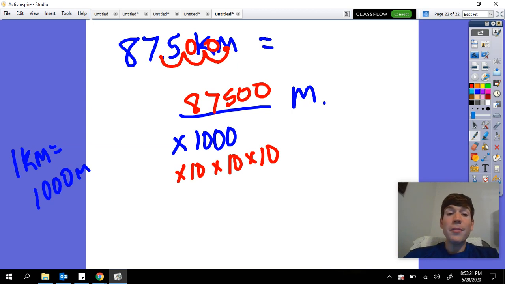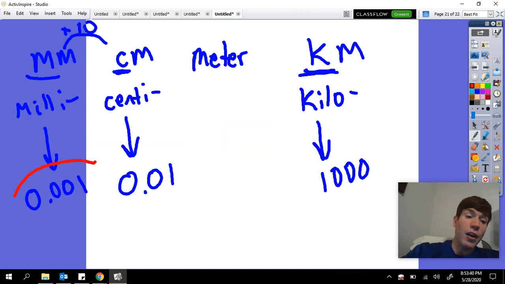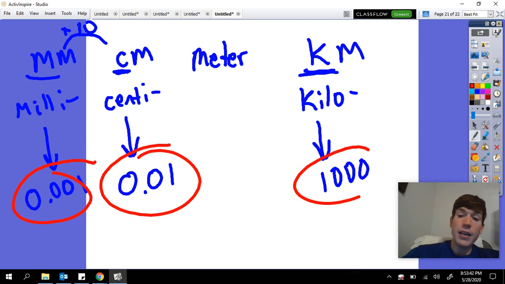Now, just by multiplying and dividing by tens, hundreds, and thousands, we can easily convert within the metric system. So today we're going to be practicing converting between millimeters, centimeters, meters, and kilometers by using the information of what these prefixes mean and by multiplying by tens, hundreds, and thousands.